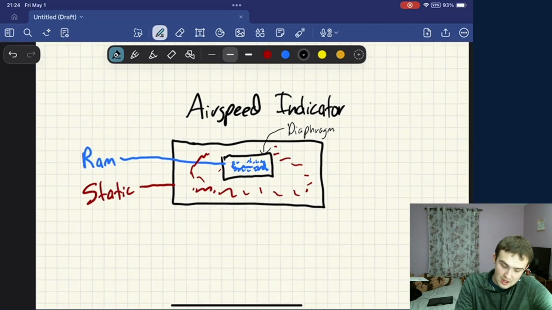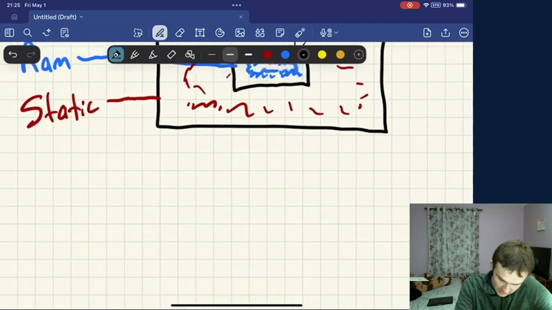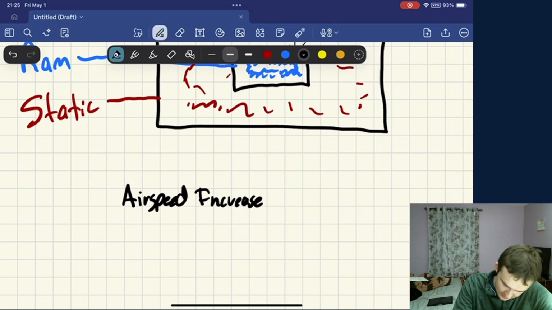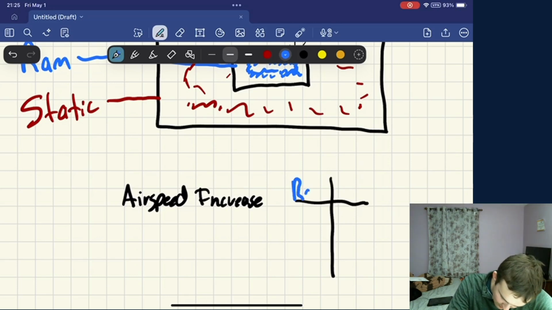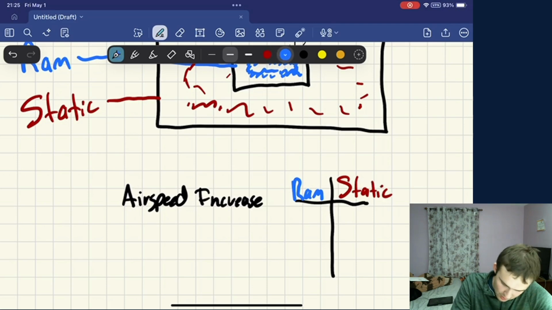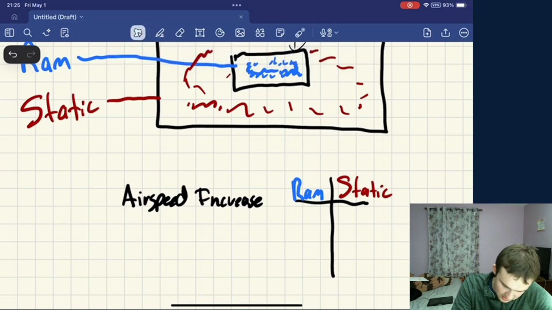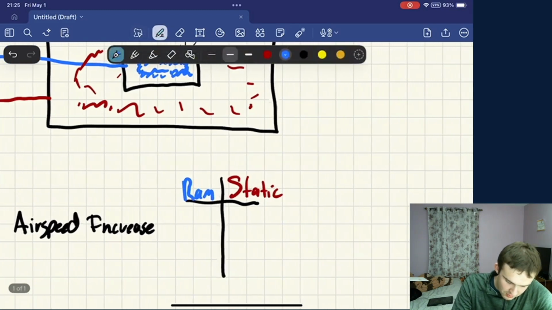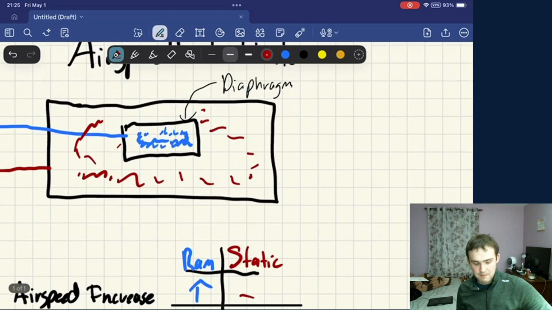However, when we start to increase our airspeed, we'll draw a little table. Ram and static. Our ram pressure is going to go up, and our static pressure is going to stay the same.